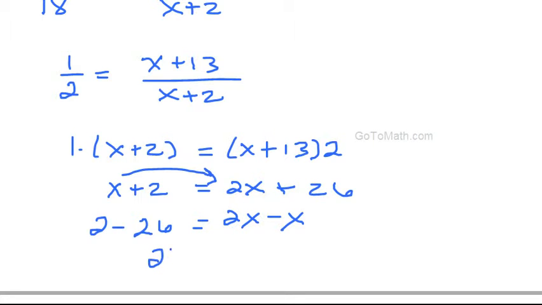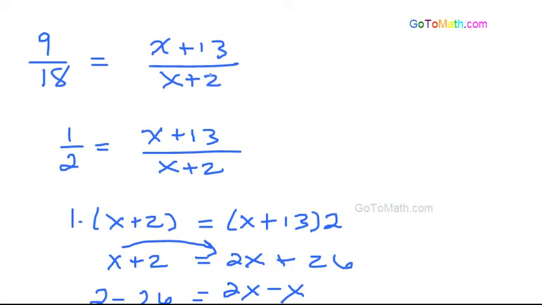So that's going to be negative 24 is equal to x, because 2x minus x is x. x is negative 24. Now you can always come up here and plug that in, and we should be getting 9 over 18 or 1 over 2.